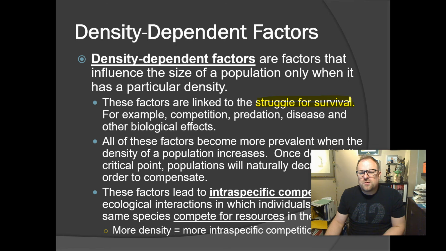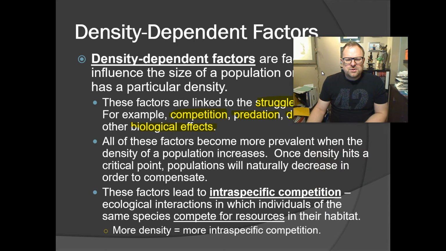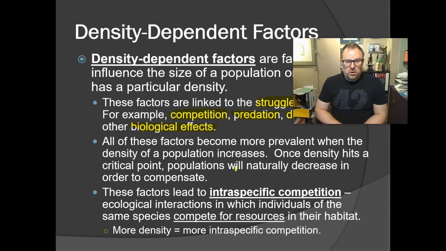The struggle for survival includes things like competition, which is a huge one. If you do any sort of studying of ecology after this, you'll talk a lot about competition. Predation, disease, and other biological effects. Okay, so all of these factors become more prevalent when the density of a population increases. And once a density hits a critical point, populations will naturally decrease in order to compensate for that.